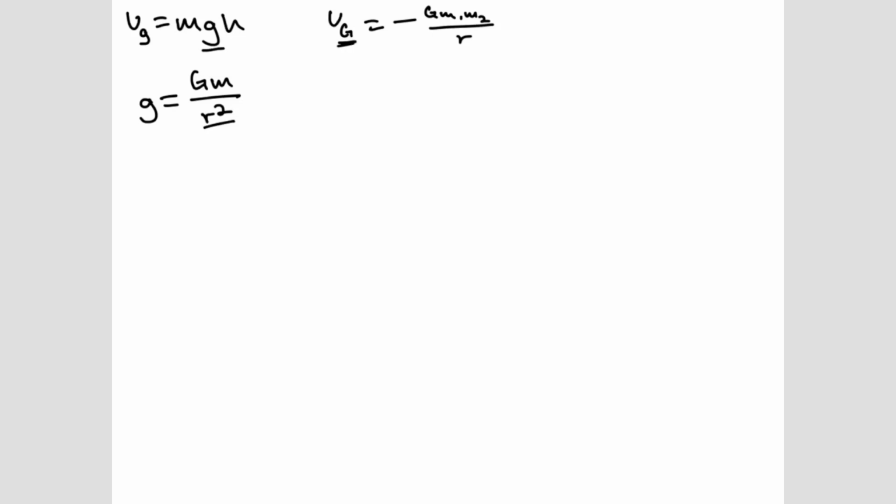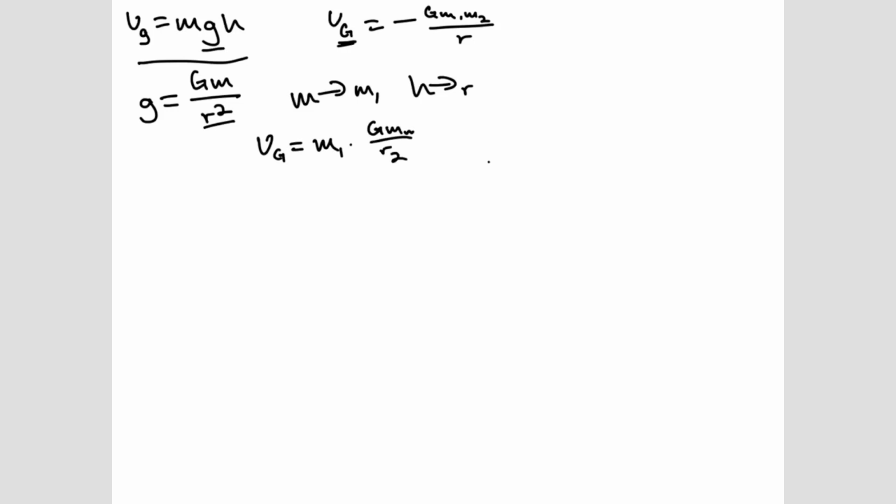So the m in our original gravitational potential energy kind of just becomes m1. The h just becomes r, being the distance between the two centers of mass. It really doesn't matter, right? When you chunk all of this together, we end up getting that U sub g is equal to m1 times GM over r squared.